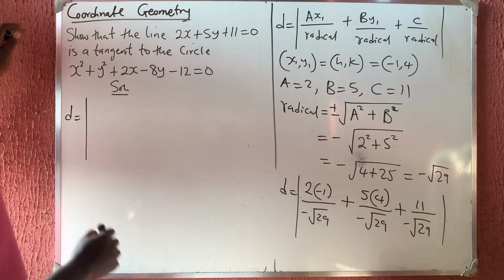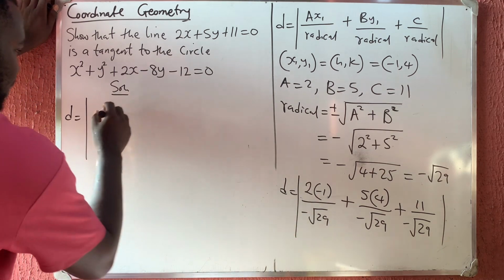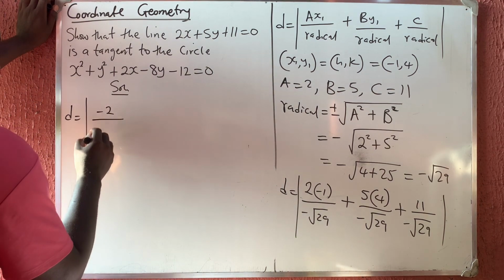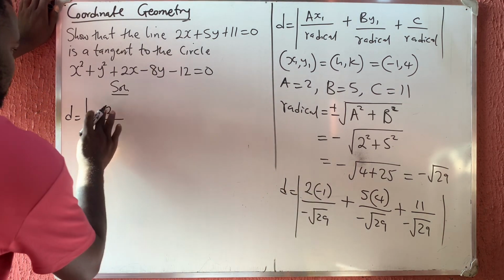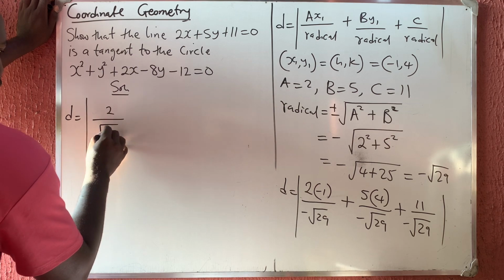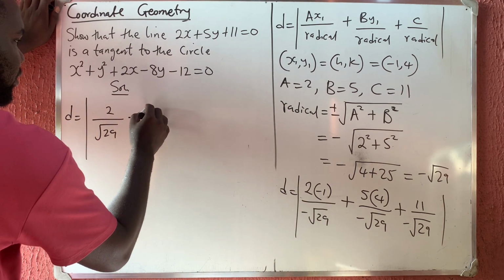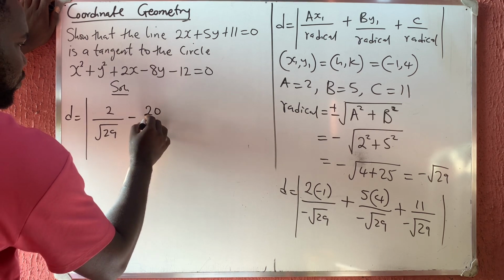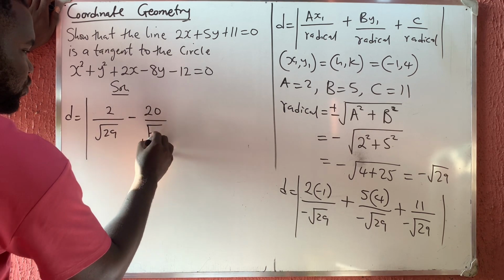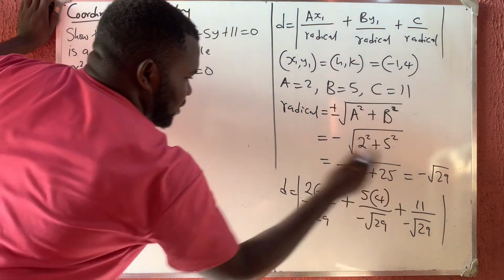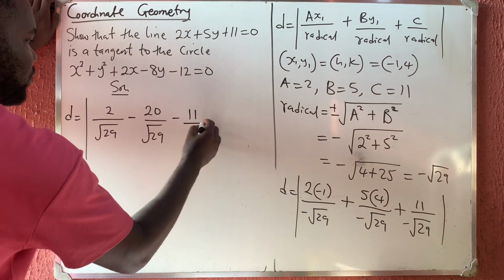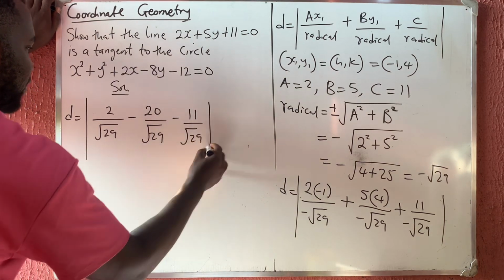So I have d is equal to, when you multiply, minus will take care of minus. So I'm having a minus taking care of minus. I'm going to have positive 2 over the square root of 29. Then plus minus will give us minus 20 over the square root of 29. Then minus again 11 over the square root of 29. You close.